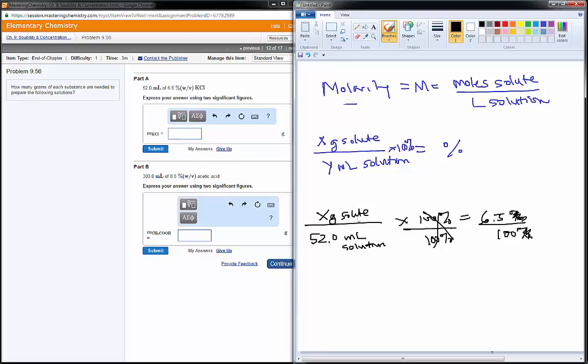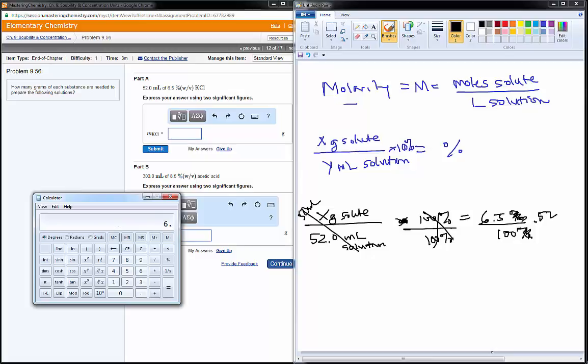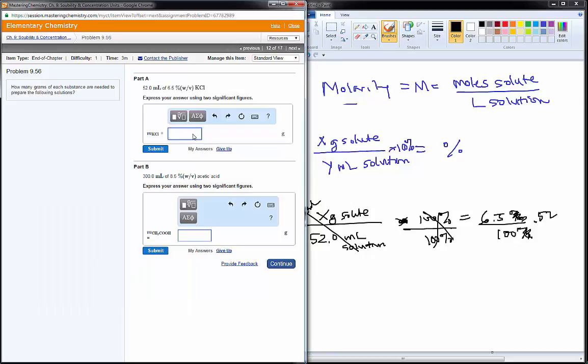And then multiply both sides by 52 milliliters, and that'll cancel. So what we get here is 6.5% divided by 100 gives me a fraction of 0.065. Multiply that by 52 gives me 3.38 grams of solute.